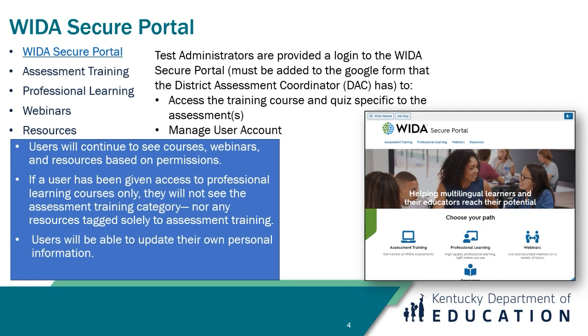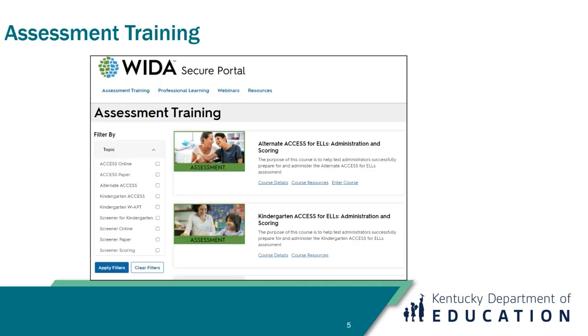You can click on your profile and update your new district and also your email to the current one, and save that information, and you'll be able to still continue to use the username and password that you had previously for the WIDA Secure Portal. And so that's always an important thing to keep up.